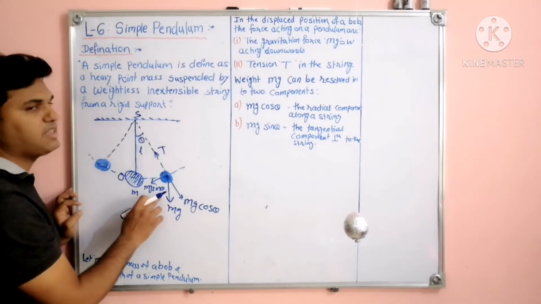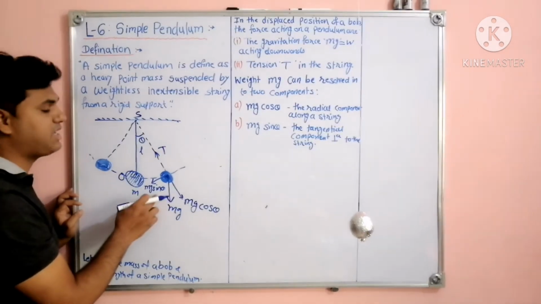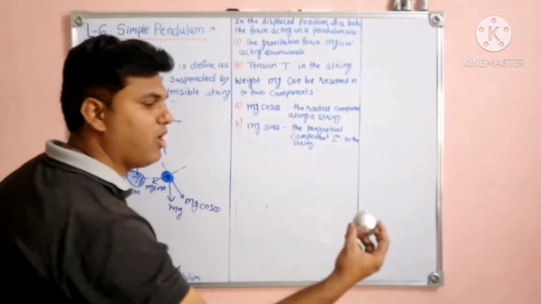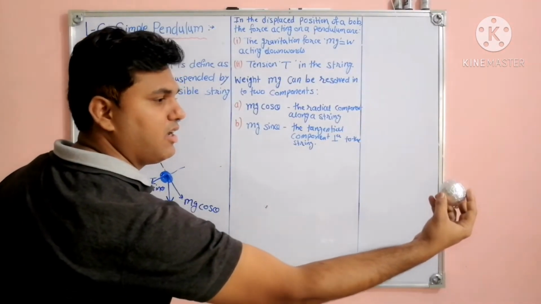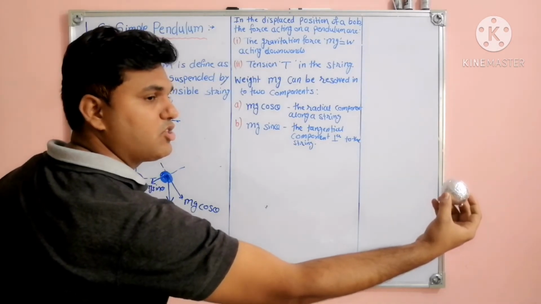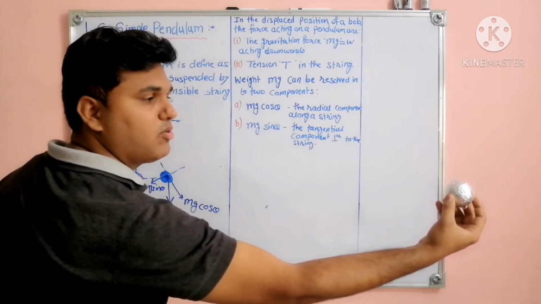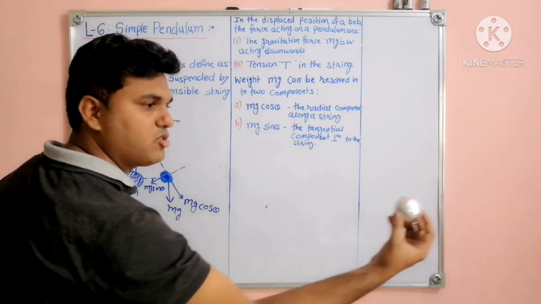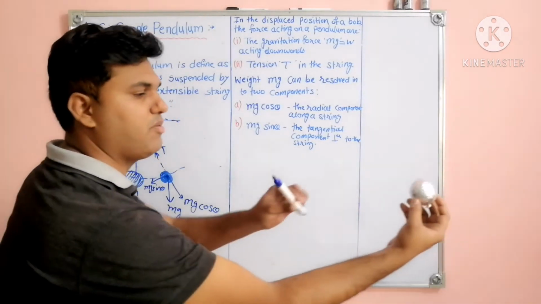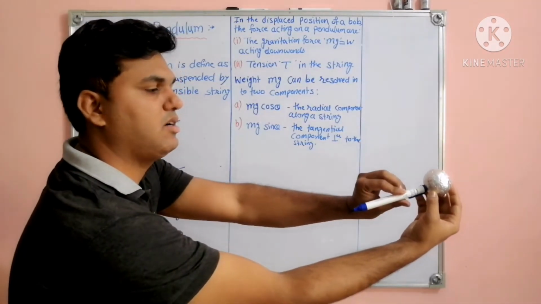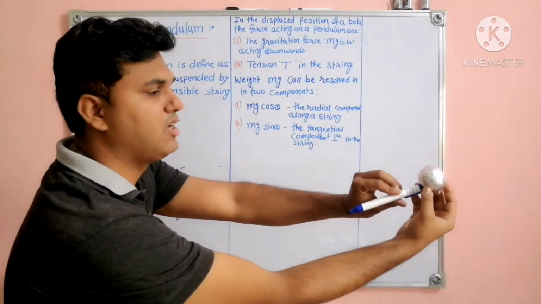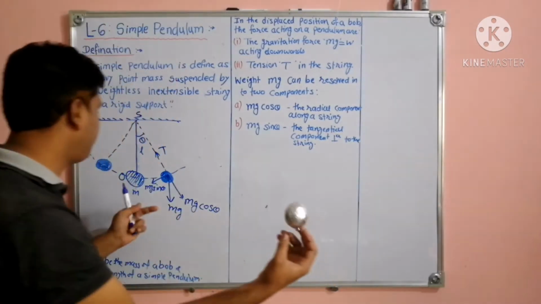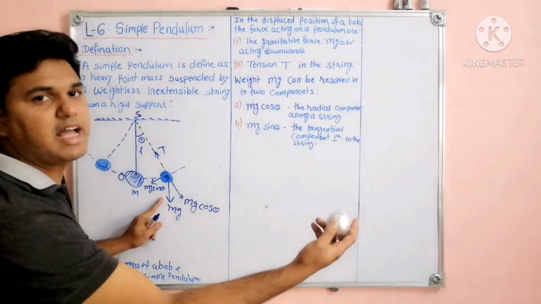So mg sin theta is equal to the restoring force when we displace this bob through some angle. The restoring force tries to return the bob to its original position, so the direction of restoring force is toward the mean position, balanced with the component mg sin theta.